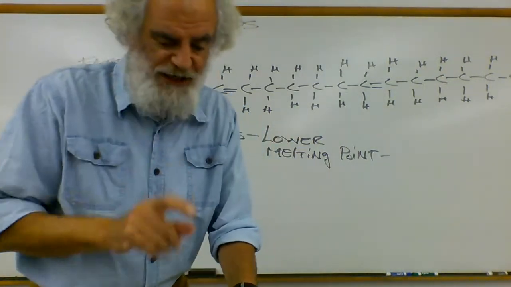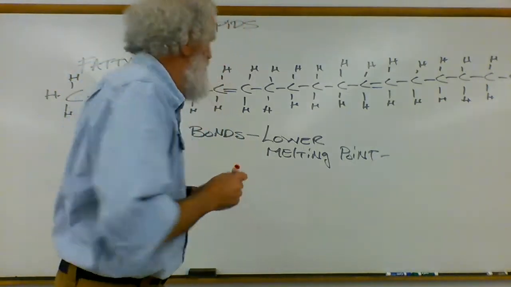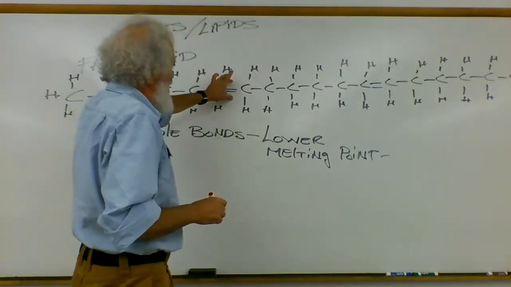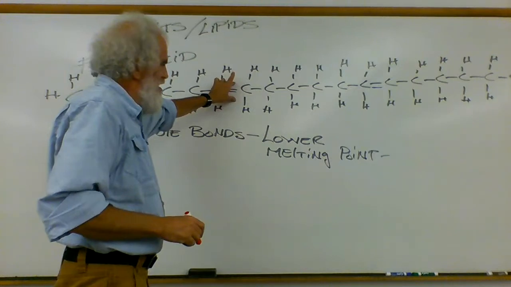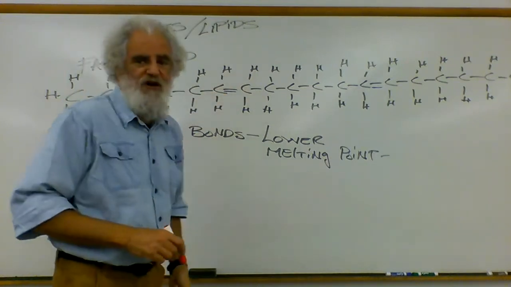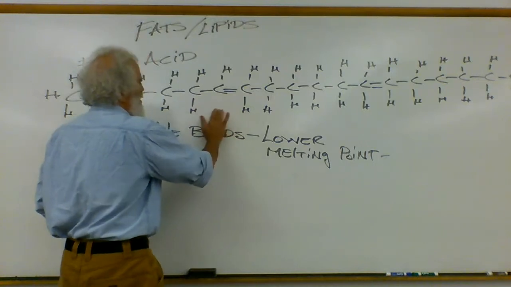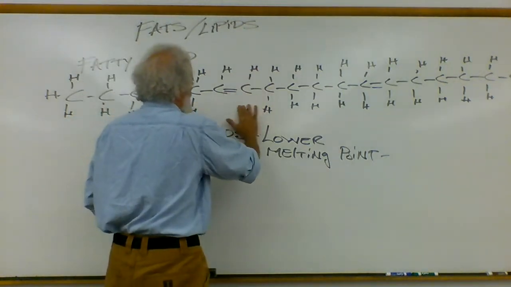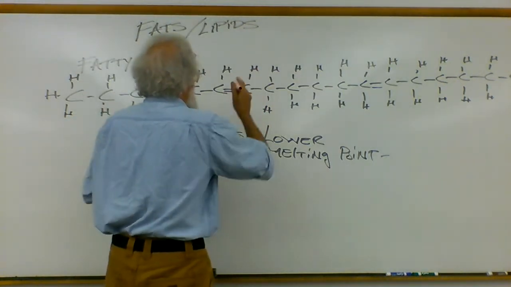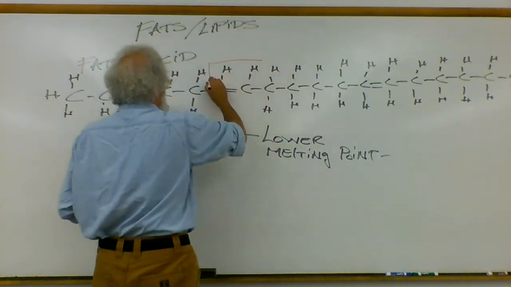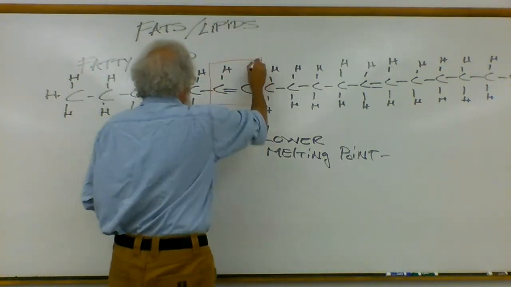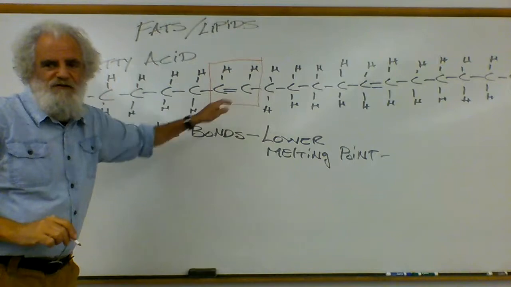Now let's look at this for a second. When we're talking about the double bond here, all of a sudden putting in a double bond throws too many bonds on this carbon. And so we're going to have to lose a hydrogen from each one of these guys. And so we've got a different little configuration there.